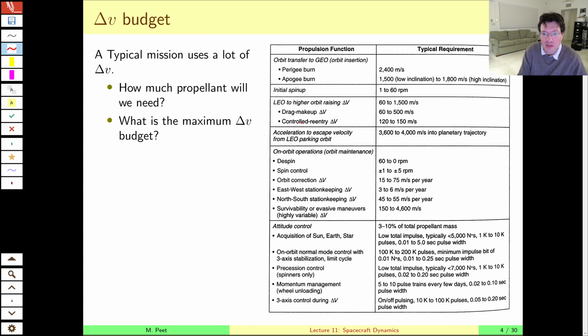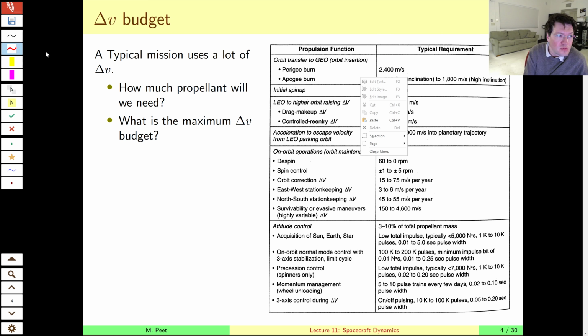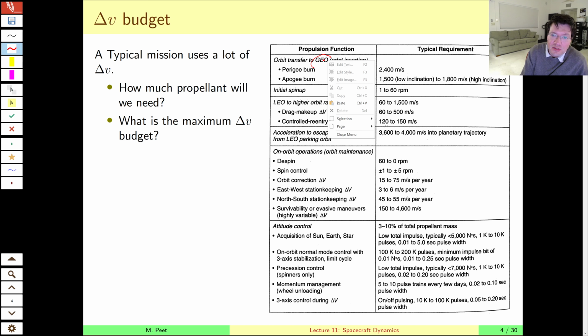Okay. So we talked about the delta V's in space, and there's quite a few we need. So for example, if we want to put our satellite into a geosynchronous orbit, that's what GEO is.